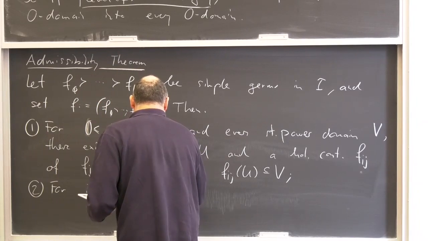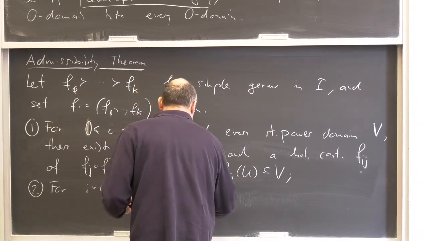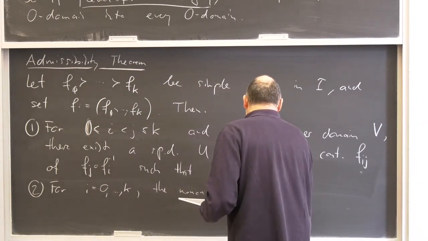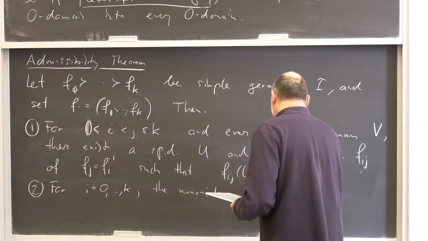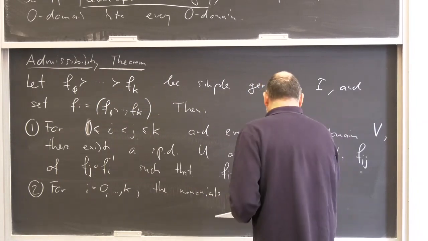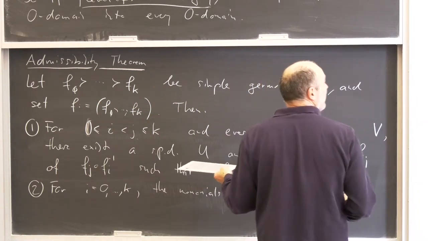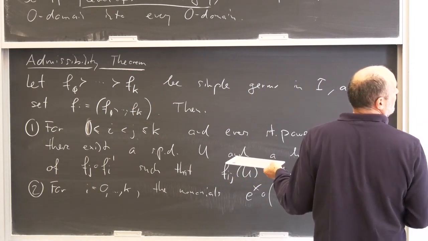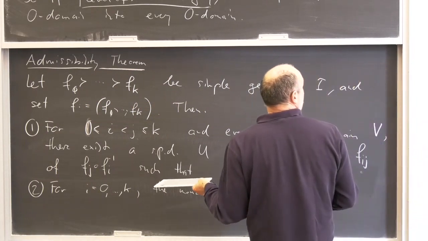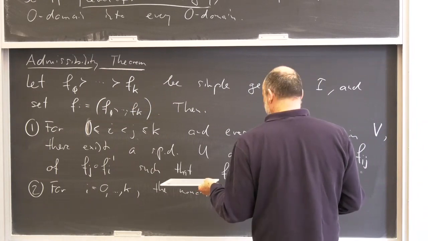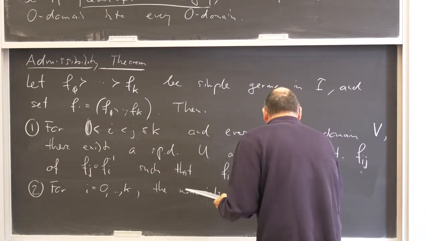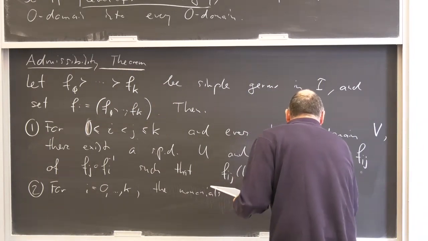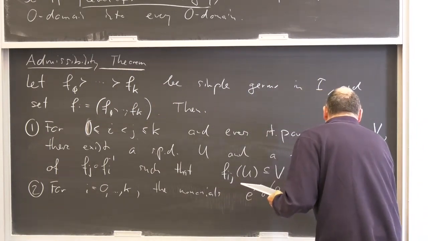The monomials e to the x composed with the tuple, we have as stage, I plus 1 composed from F inverse up to F_k.